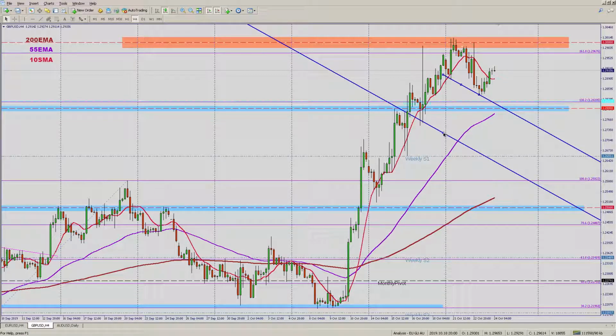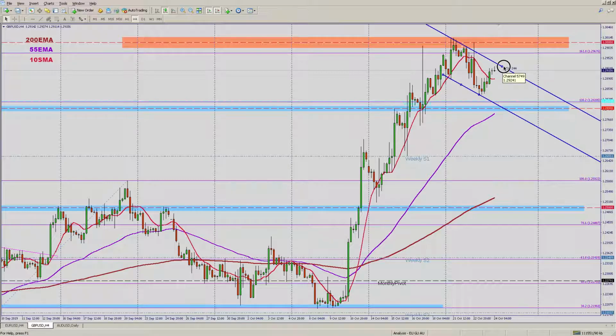We shall see whether this channel will hold this upper trend line, and there is a potential resistance around this level at 129.55 area, and it could find opportunity to retrace lower back towards the weekly pivot and the 138 fib extension level as well.